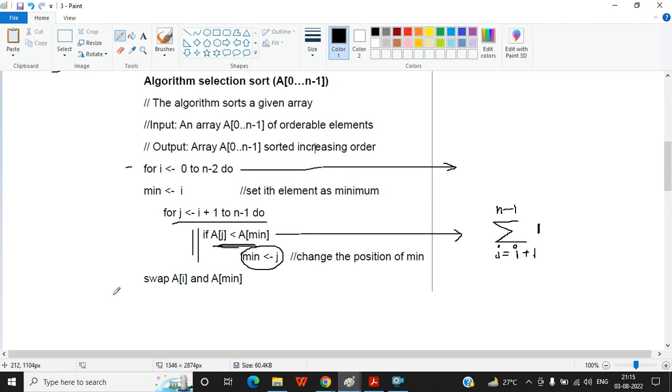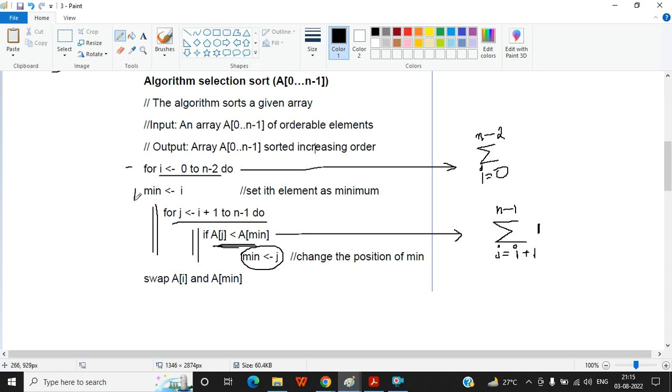Now this one is inside another loop. So how many times will the total iterate? It will be the sum of i equal to 0 to n minus 2.